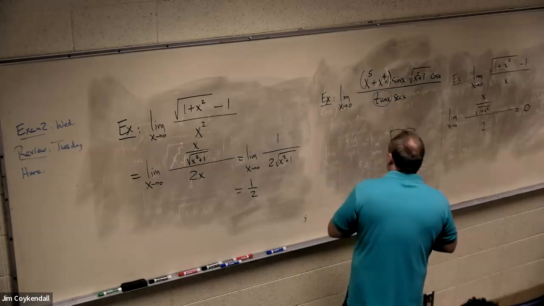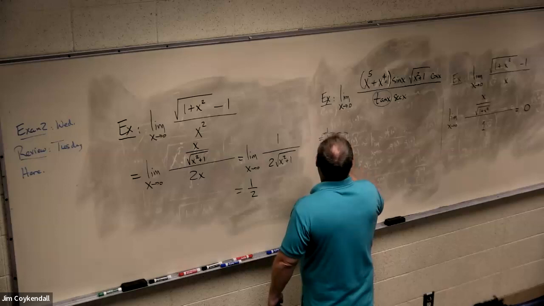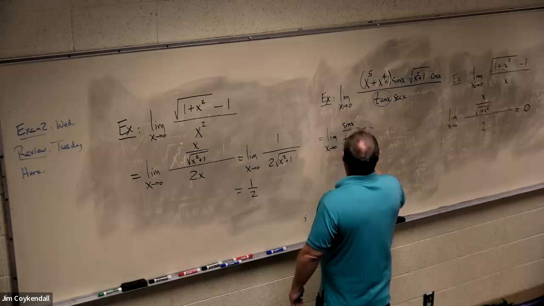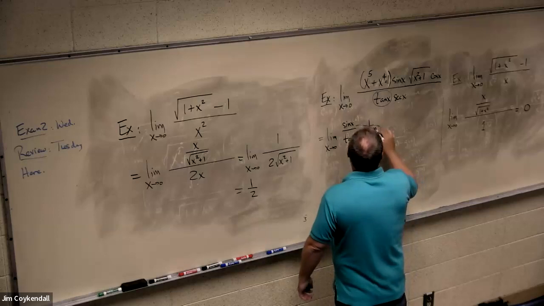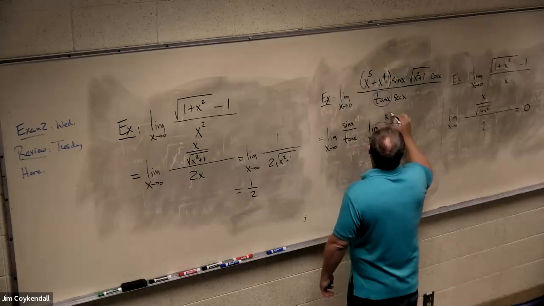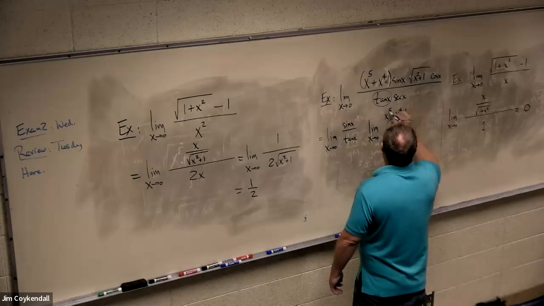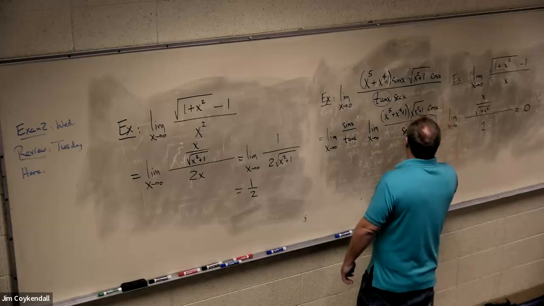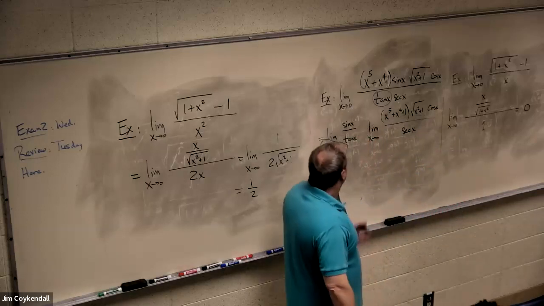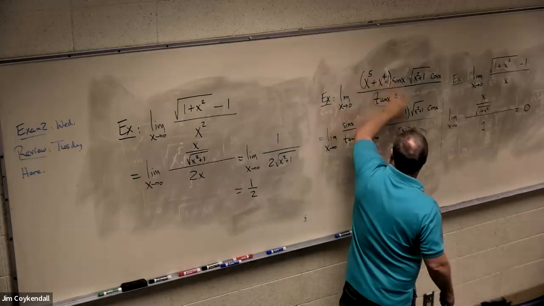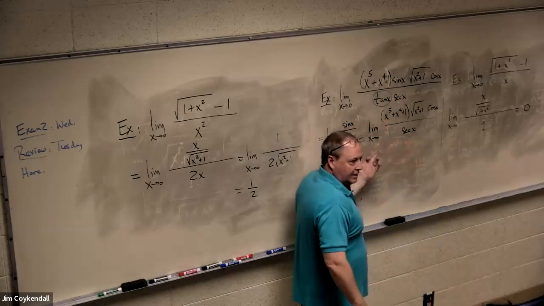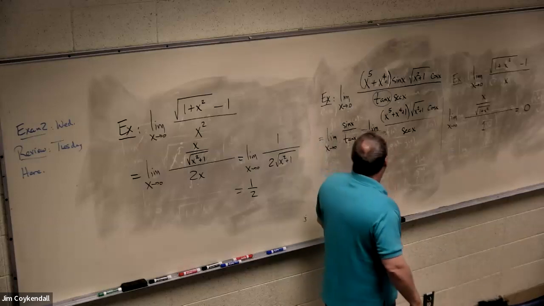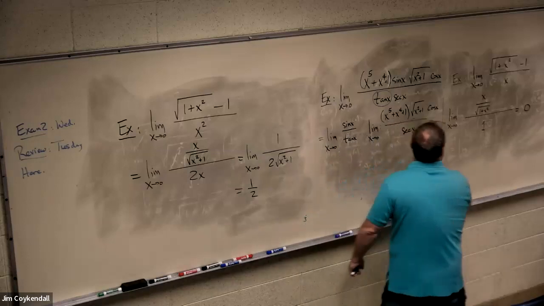So let's try this. The limit of this times the rest of the stuff is the product of the limits, if both limits exist. So we've got to make sure.